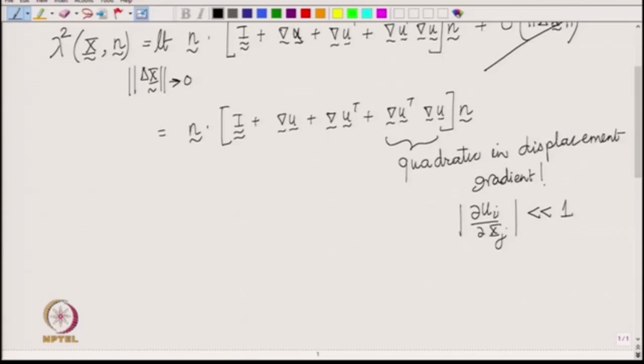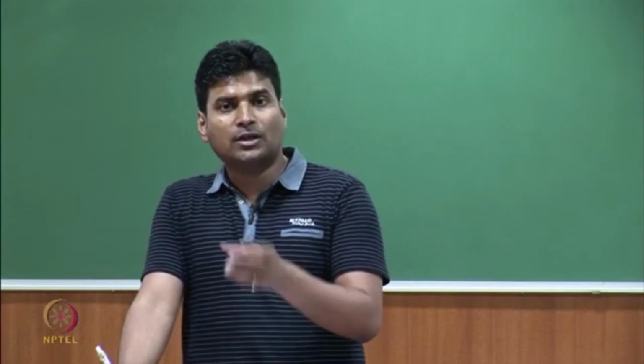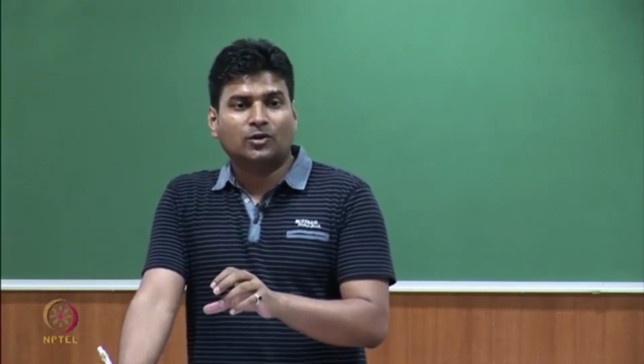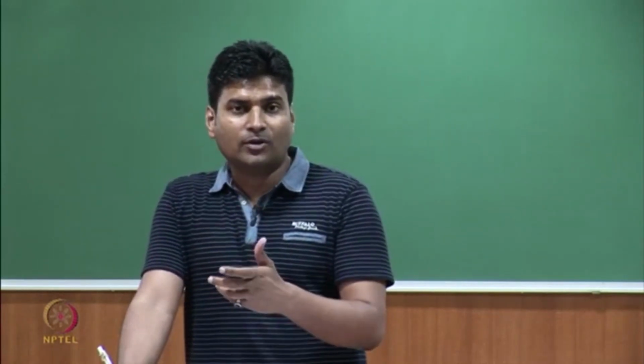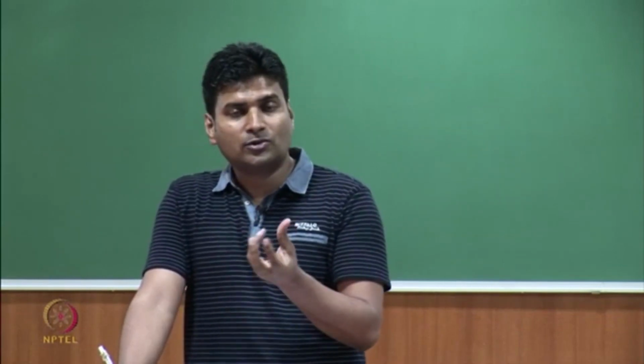So, del u 1 by del x 1, for example, is let us say 1%, 0.01, del u 1 by del x 2 is also of let us say 1%, 2%. So, it is very small than 1. So, think of what happens to the quadratic term here. You have grad u transpose into grad u. So, in the matrix form you have the matrix of grad u transpose into grad u.